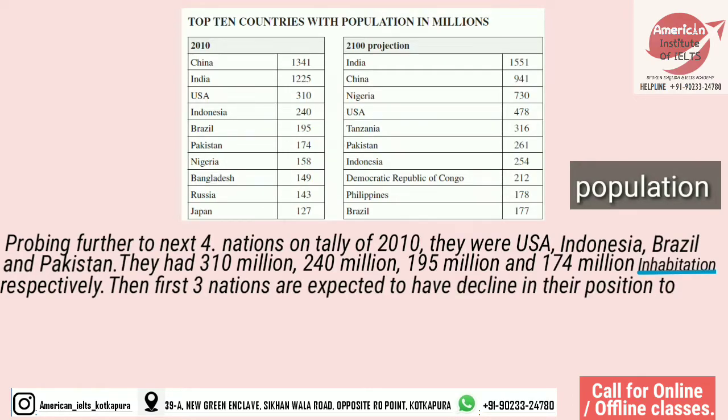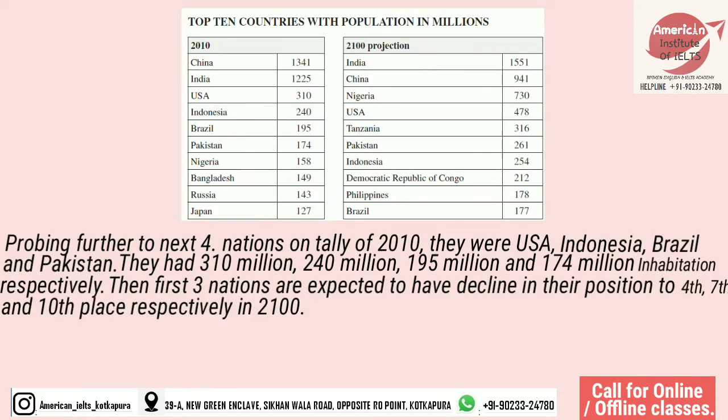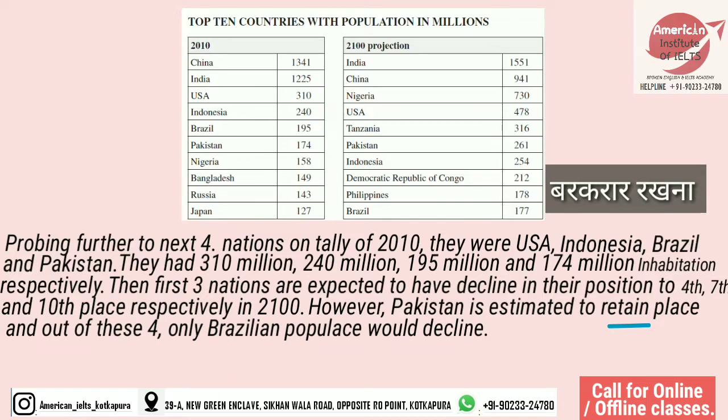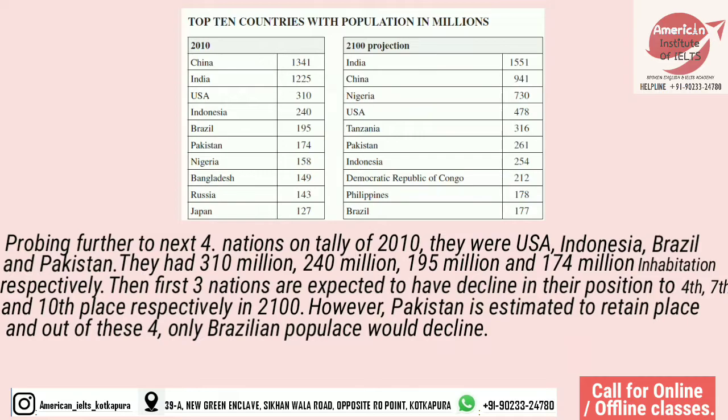Then the first 3 nations are expected to have a decline in their position to 4th, 7th and 10th place respectively in 2100. However, Pakistan is estimated to retain its place out of these 4 and only the Brazilian populace would decline. So indirectly what we are saying is that for the remaining 3 other countries their population would incline. Okay, so that way we have explained.